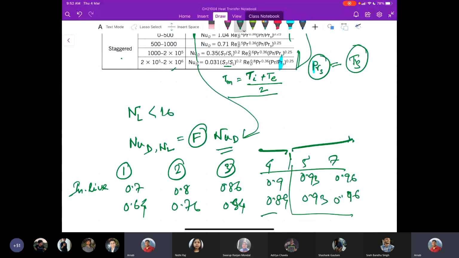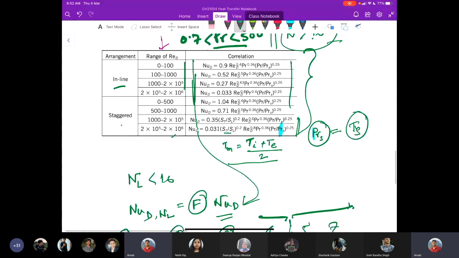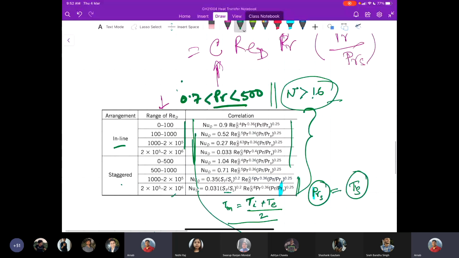Now, is this clear, that for a bank of tubes, how do we estimate the Nusselt number and subsequently the average heat transfer coefficient? Any question on this part? So this number N is the number of tubes placed horizontally or the total number of tubes?